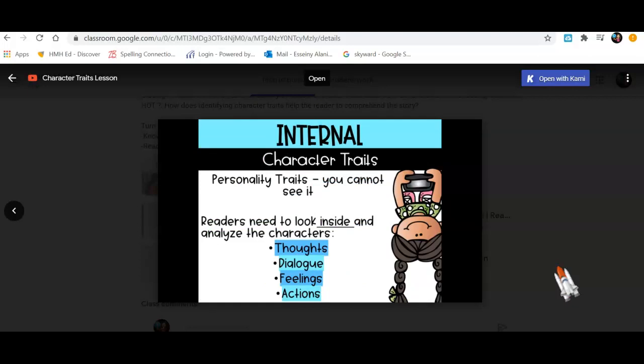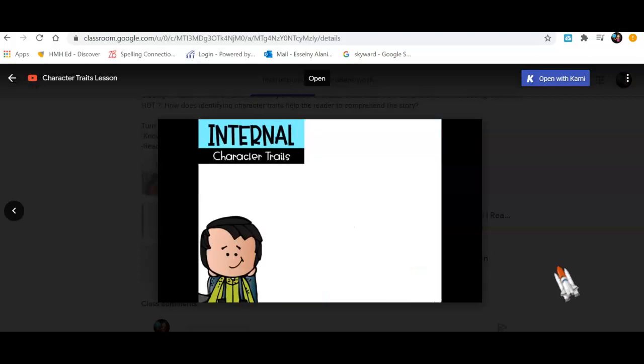Internal character traits are personality traits and you cannot see them. The readers, you and I, we need to look inside and analyze the characters. We do this by looking at thoughts, dialogue, feelings, and actions. So let's try it out.